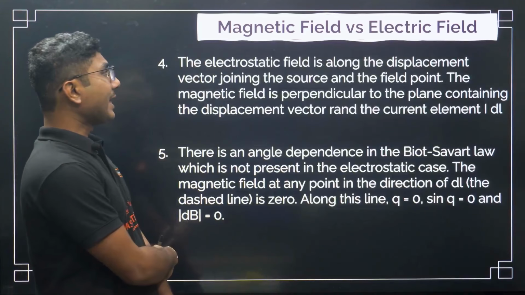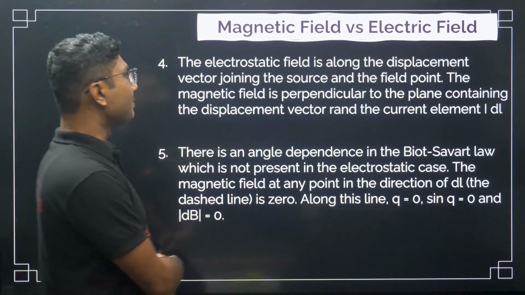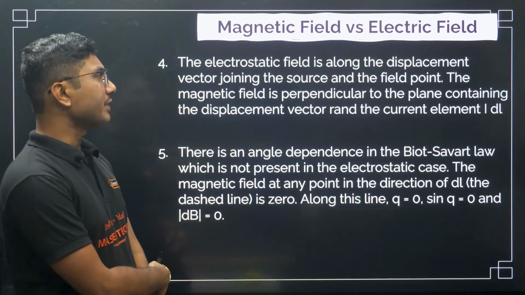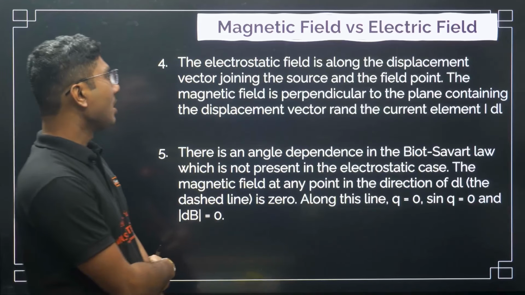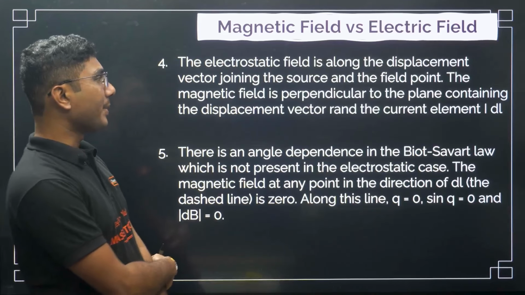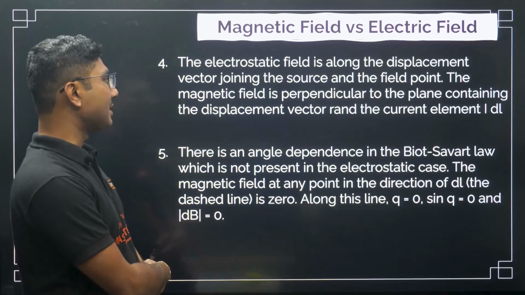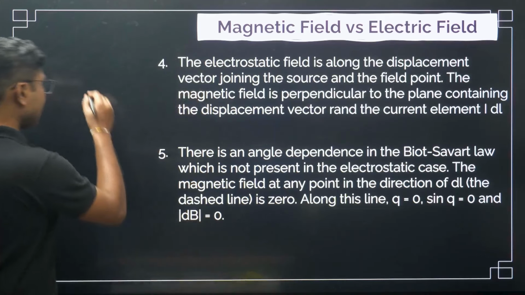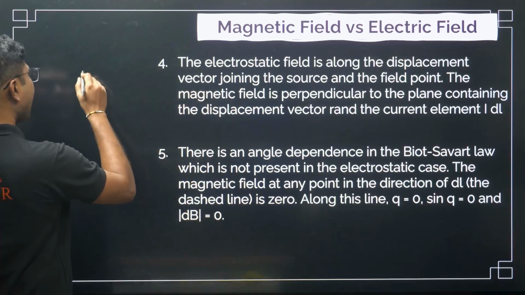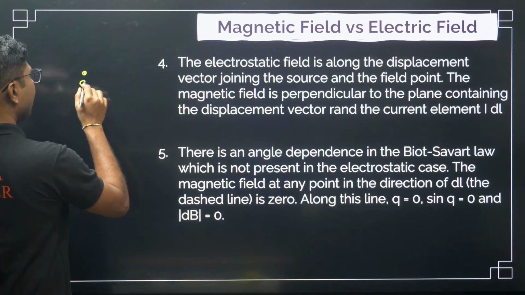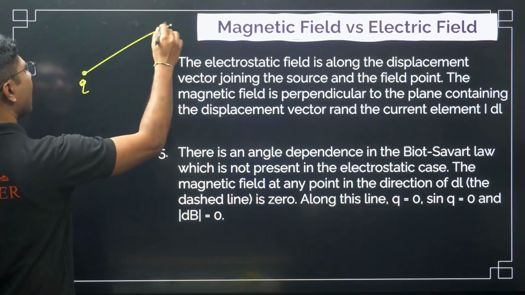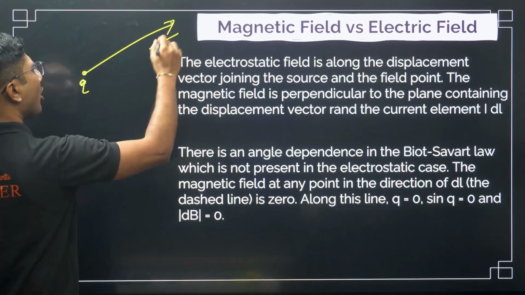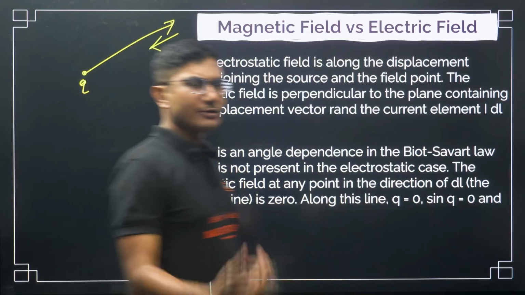The electrostatic field is along the displacement vector joining the source and the field point. The magnetic field is perpendicular to the plane containing the displacement vector and the current element I dl. So consider the direction of the electric field. Either it will be outwards or it will be inwards based on the charge.